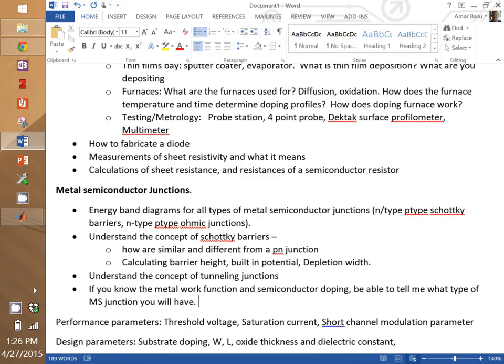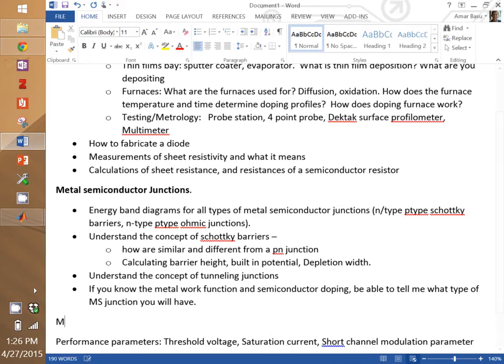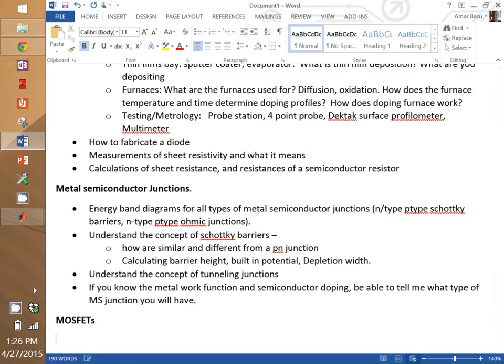Okay, after we're done talking about this, we can go over some of the homework questions. Again, this is not a comprehensive list, but I think it covers most of the concepts. So the main topic on the exam, which will probably be at least half of it, will be on MOSFETs. So what are the things I want you to know about MOSFETs?